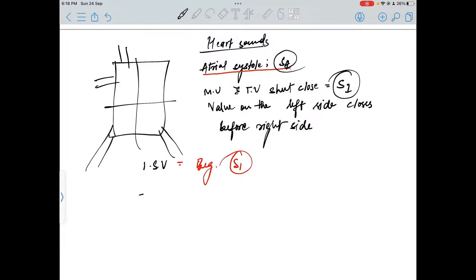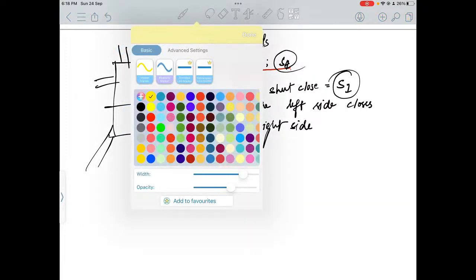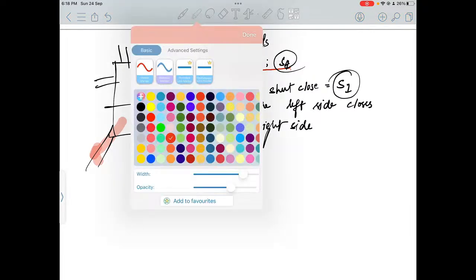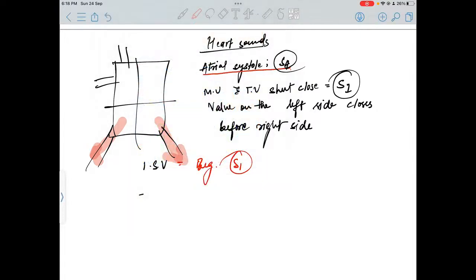And the beginning of it. Now what happens is, blood goes through the ventricles, right? Blood goes through the ventricles, and these valves, they open. So when they open, there is an ejection click.